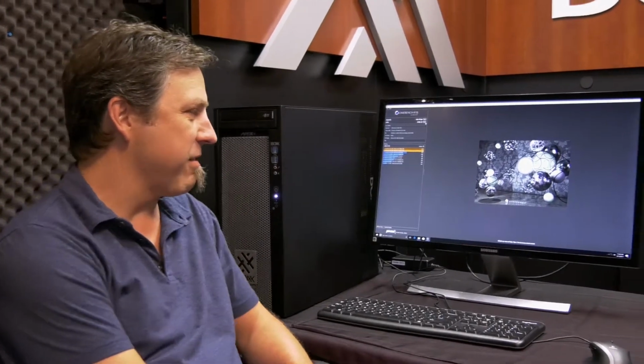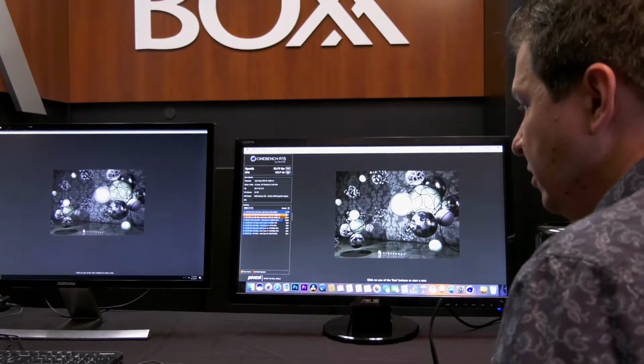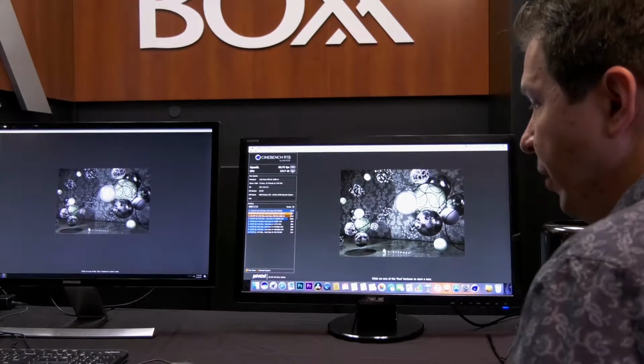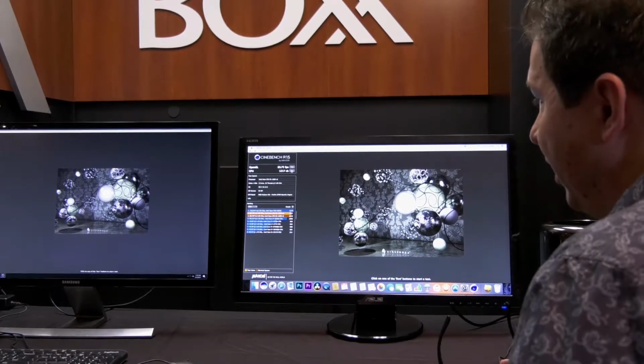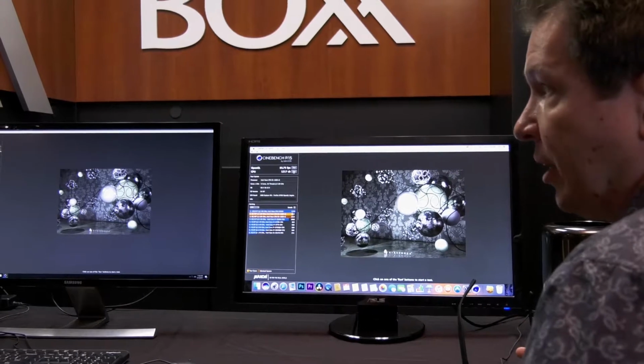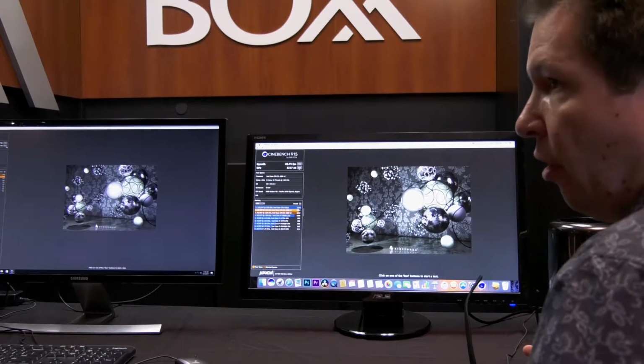Well, and another huge advantage, since Box has such a focused user base of creative professionals, they can offer incredible support because they know all these applications and they're very familiar with how they run on their hardware. Mm-hmm.